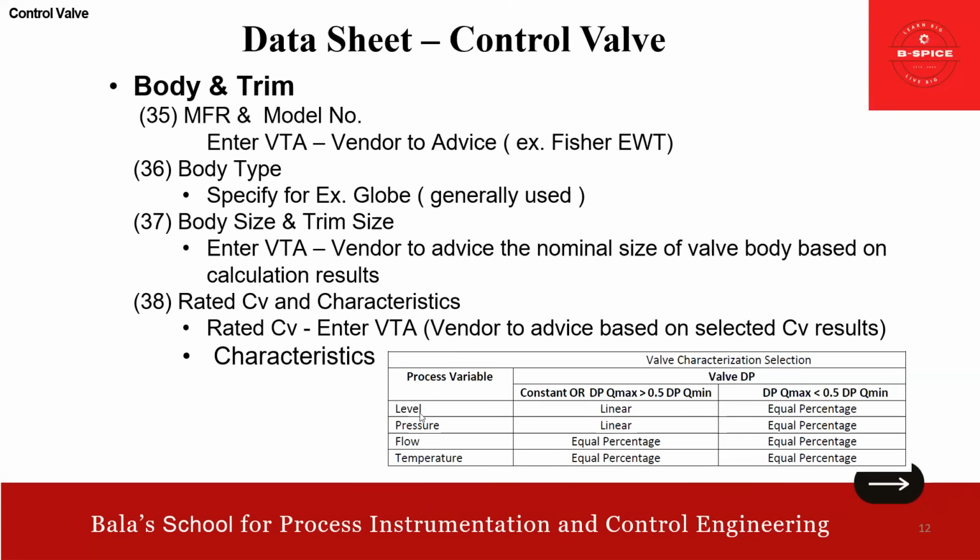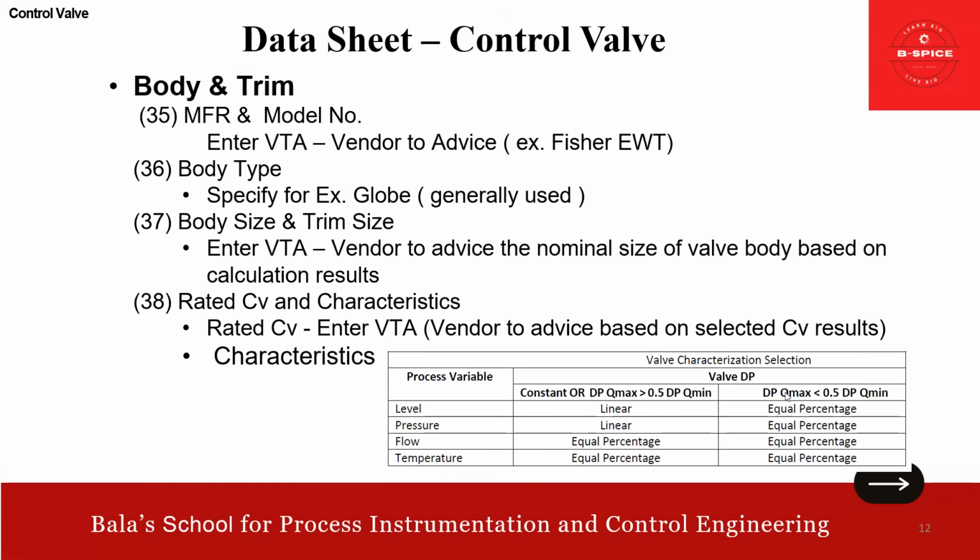For example, for level we go with the linear option, pressure also linear, flow equal percentage, and temperature equal percentage, if it falls under this criteria. What criteria? Pressure drop at Q max greater than 0.5, that is 50% of the pressure drop at Q minimum. If this condition is satisfied, we use level linear, pressure linear, flow equal percentage, and temperature equal percentage.